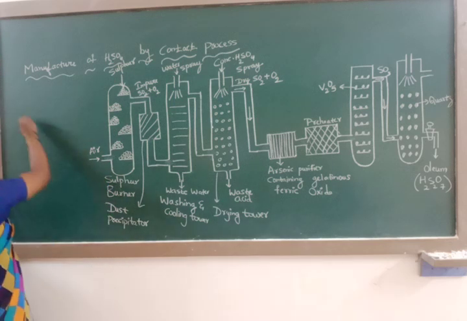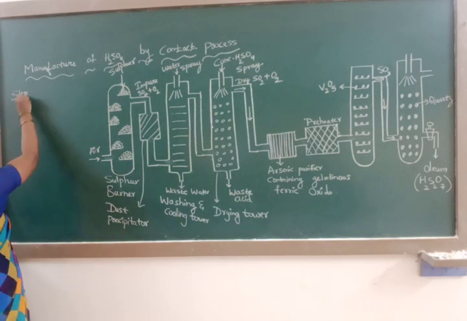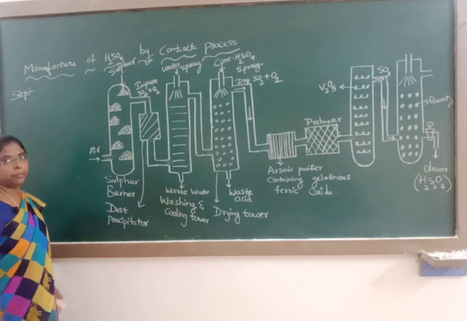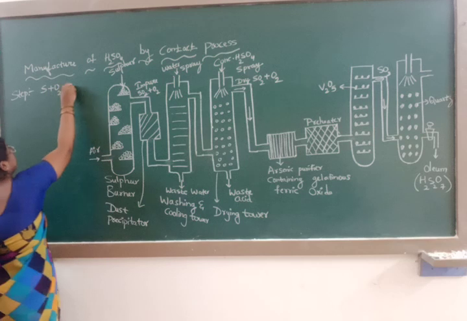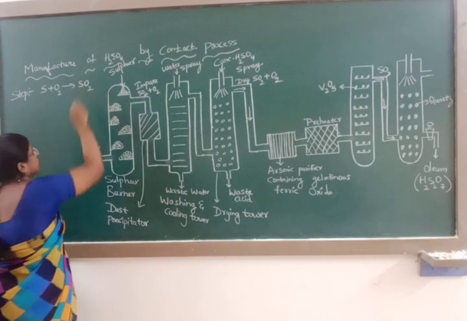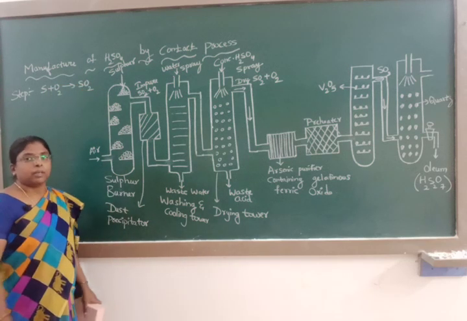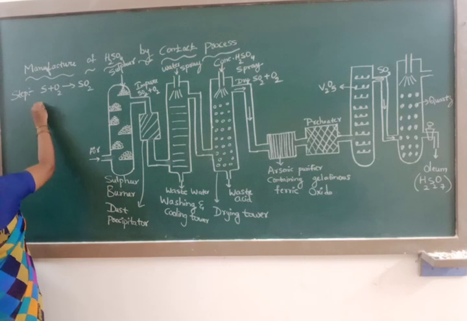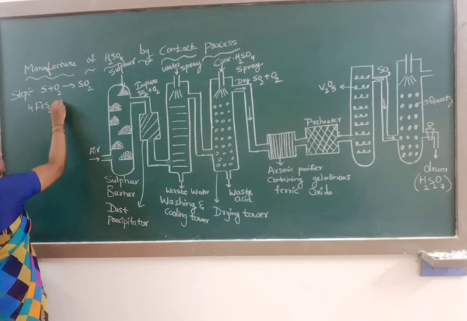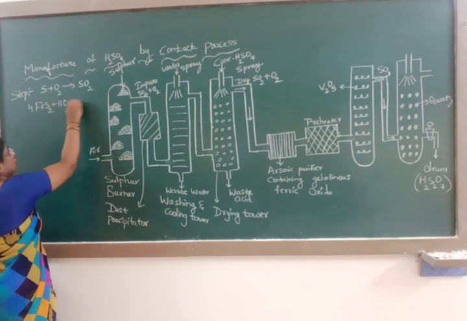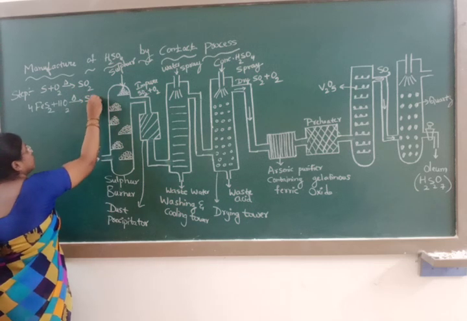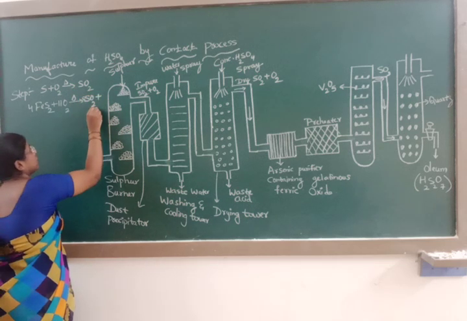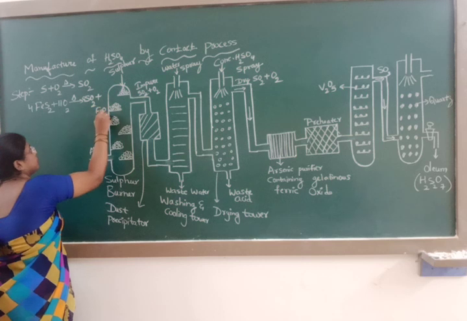If you see step 1 here, in the sulfur burner, sulfur is burnt in the presence of air to form sulfur dioxide gas. If I take iron pyrites FeS2, on roasting in air we get sulfur dioxide and Fe2O3.